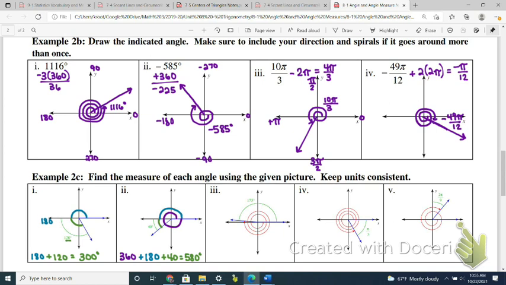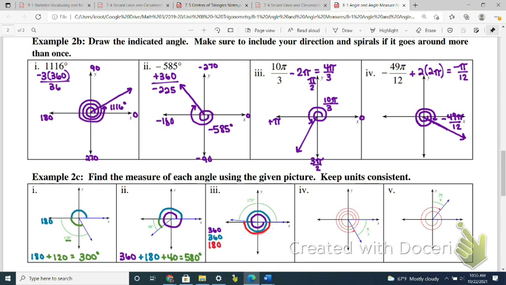So this one is going in a negative direction. So first thing I look at is how many spirals do I have. So I have 1 complete spiral. So that is 360 degrees. I have another complete spiral. That is another 360 degrees. And now I'm looking at the biggest chunks I can. From here to here is 180 degrees.